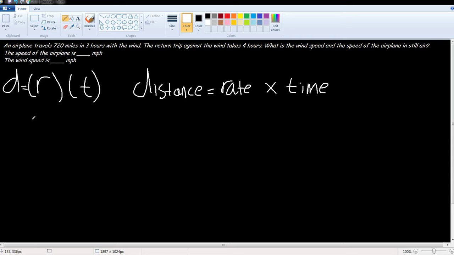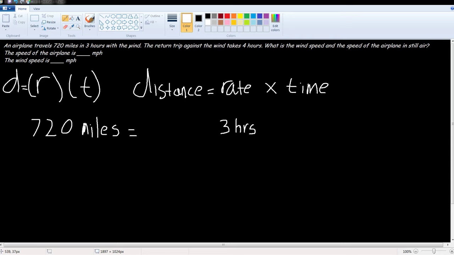Our distance is 720 miles, right? And then it says it travels that distance, 720 miles, in 3 hours, right? So for the time, we could say 3 hours, right?